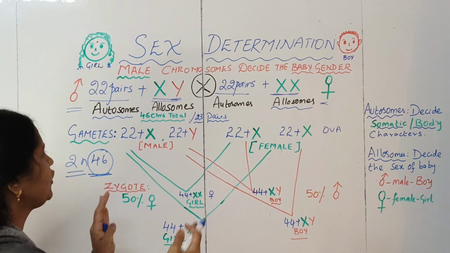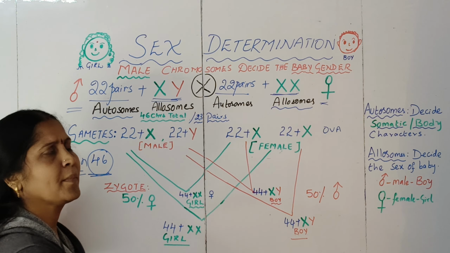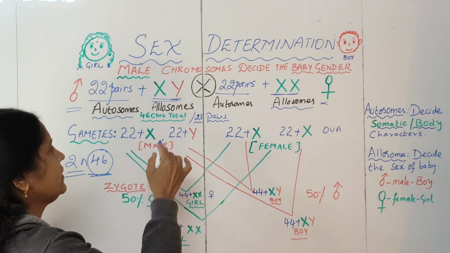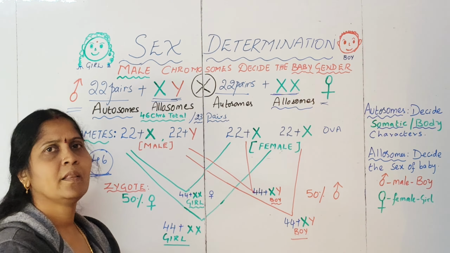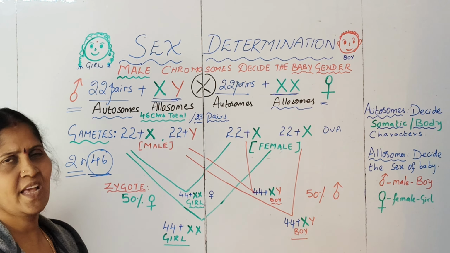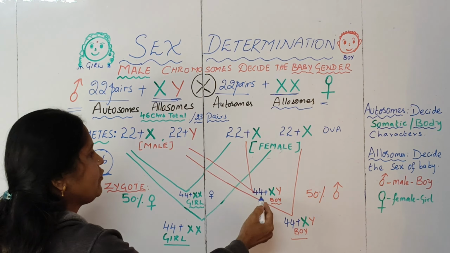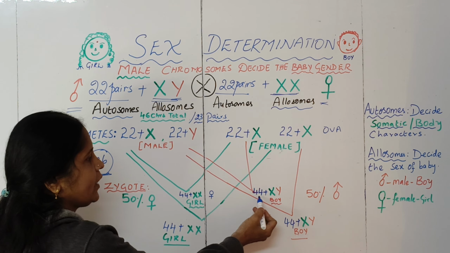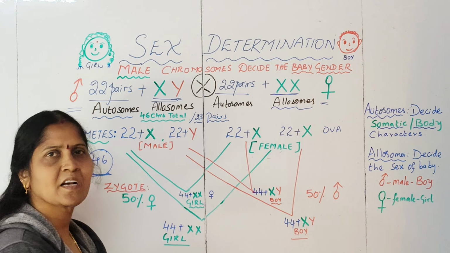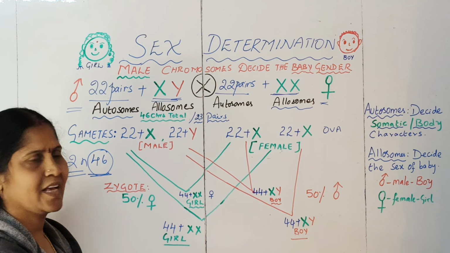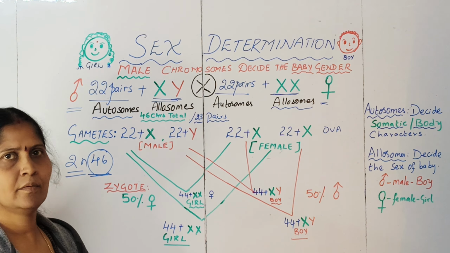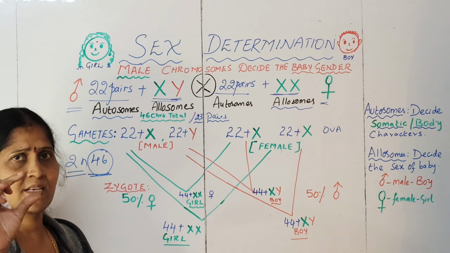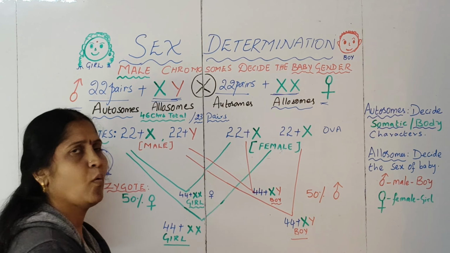So like that, when the sperm containing 22 plus Y chromosome fuses with the ova containing 22 plus X chromosome, it will result in formation of the zygote with 44 plus XY. So when the zygote gets the chromosomes X and Y, it becomes a boy.